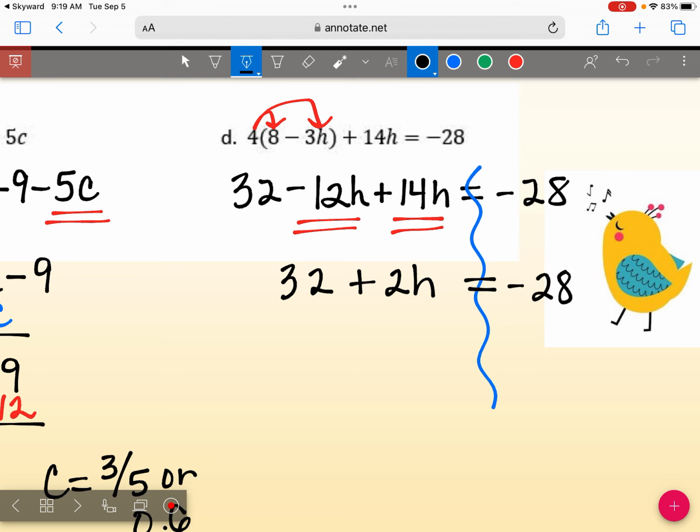All right, so now we need to move this 32 across the equation. So it's positive. The way to get rid of it would be to do what? How do I get rid of a positive number? Subtract it. Good. So in your calculator, type negative 28 minus 32.